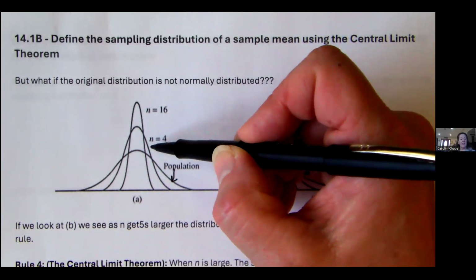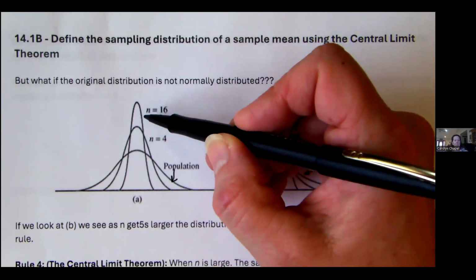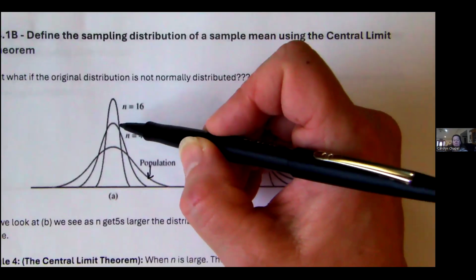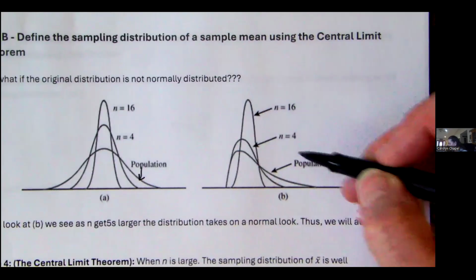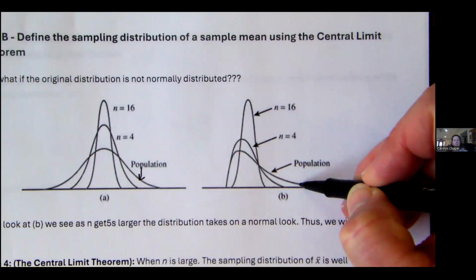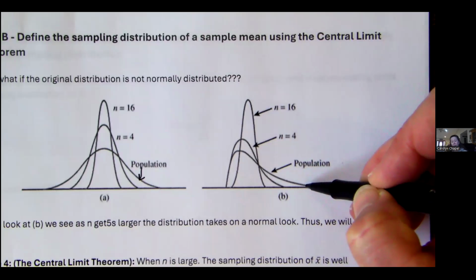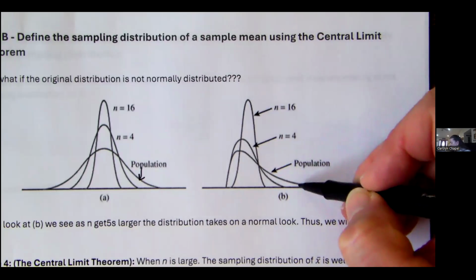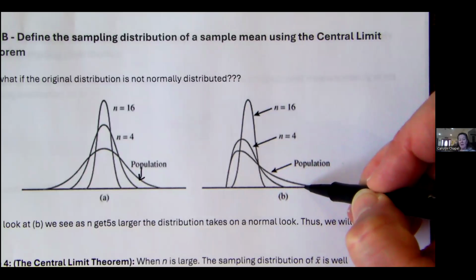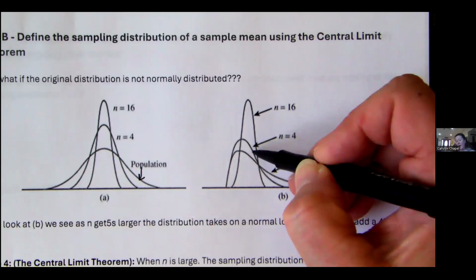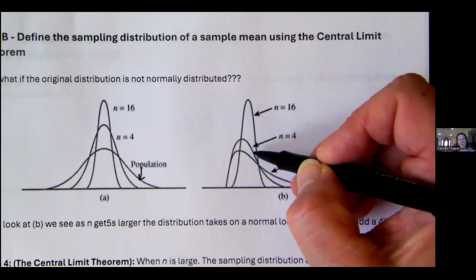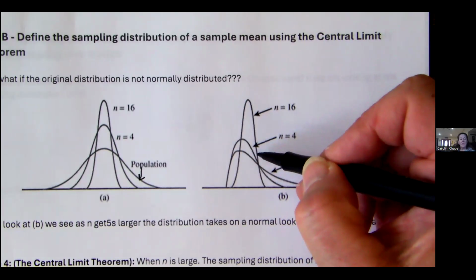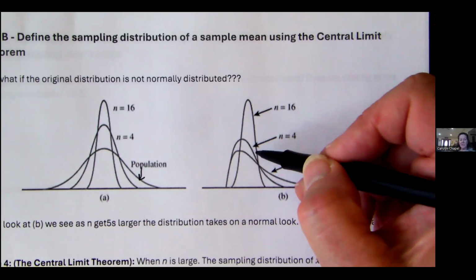Here's what happens if n is 4. Here's what happens when n is 16. We did this also if we look at just other populations. So let's say that this is a population. Notice this one is skewed to the right. We have that tail going off to the right. If we have just a sample size of 4, and I look at what those X bars will look like, and these curves can be created using simulations.